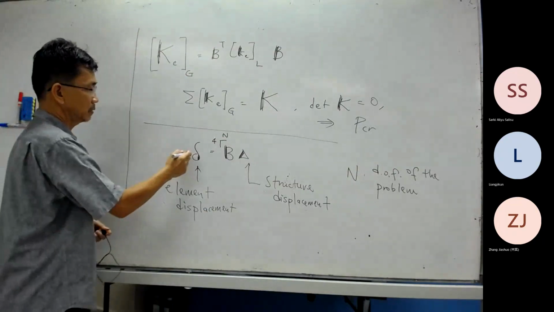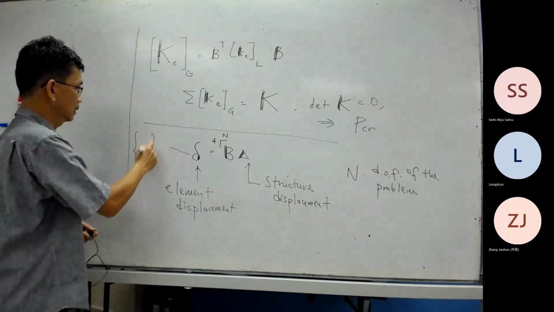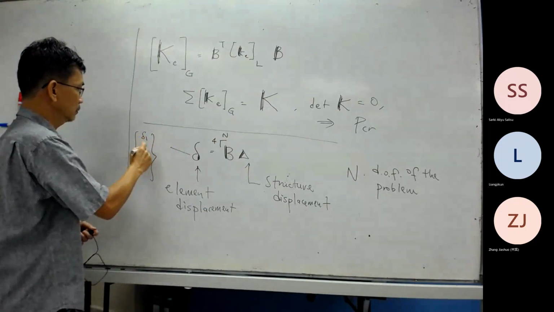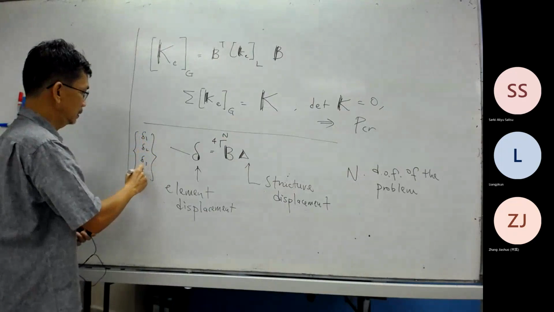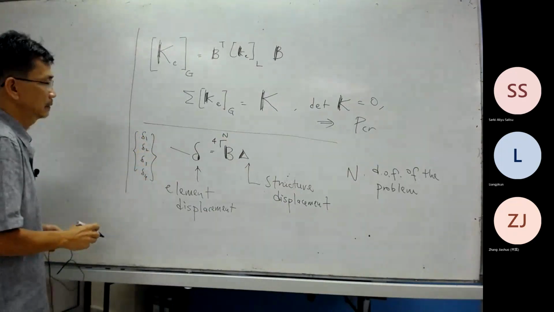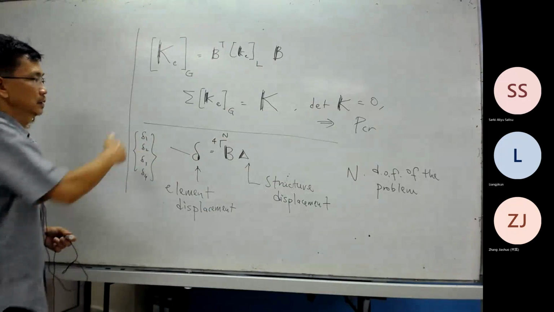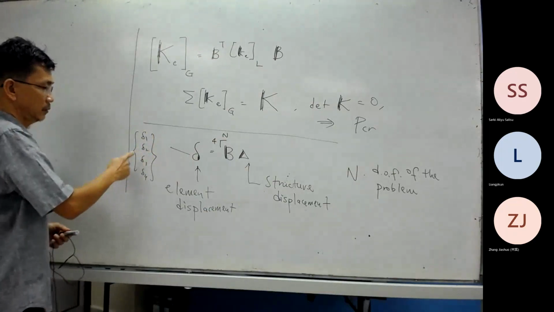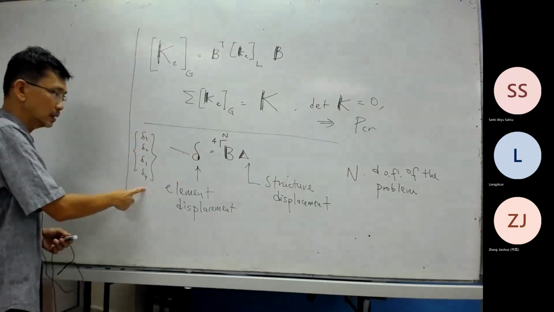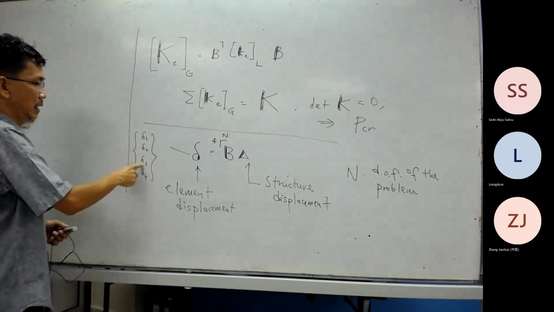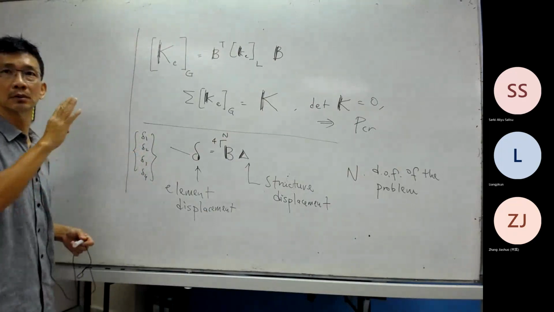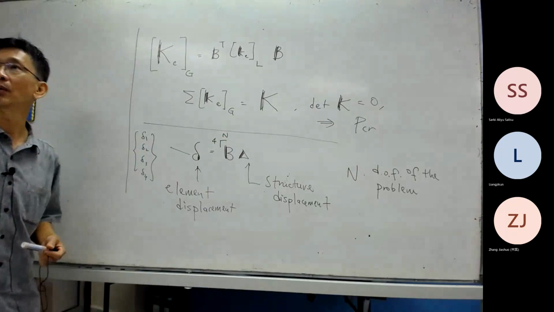Okay? This delta is always delta 1, delta 2, delta 3, delta 4. Or delta 5, delta 6, delta 7, delta 8, and delta 9, 10, 11, 12. So always 4.